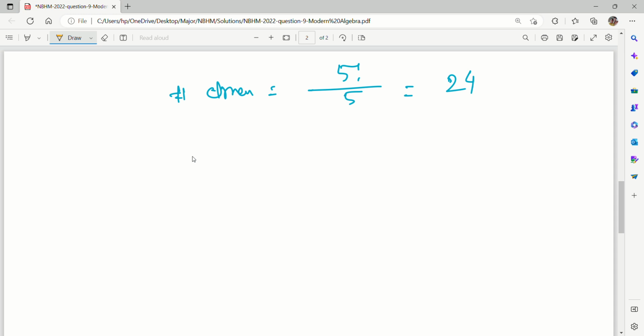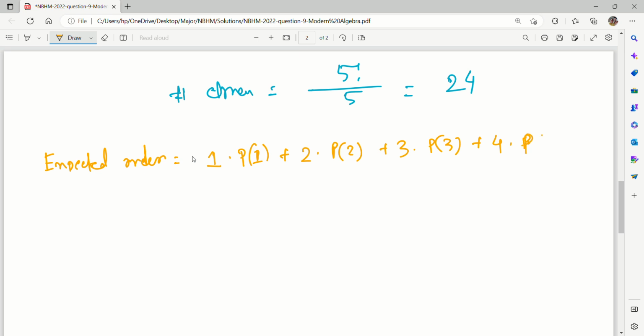The expected order is the sum over outcomes, where the outcomes are the orders: 1 times the probability of getting order 1, plus 2 times the probability of order 2, plus 3 times the probability of order 3, plus 4 times the probability of order 4, plus 5 times the probability of order 5.